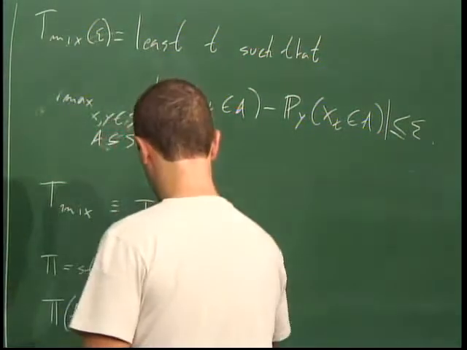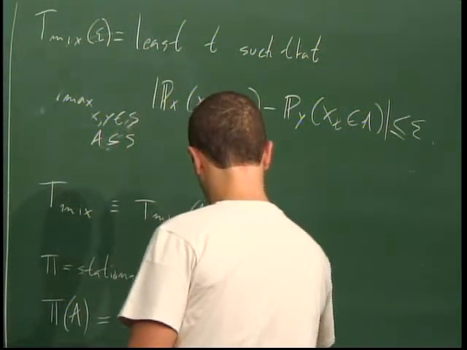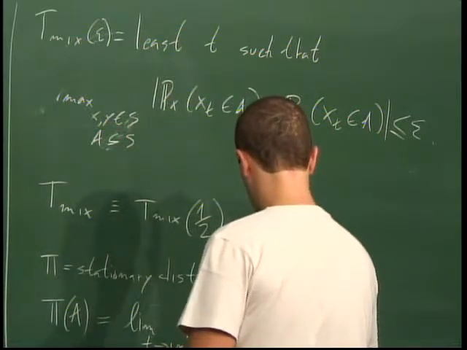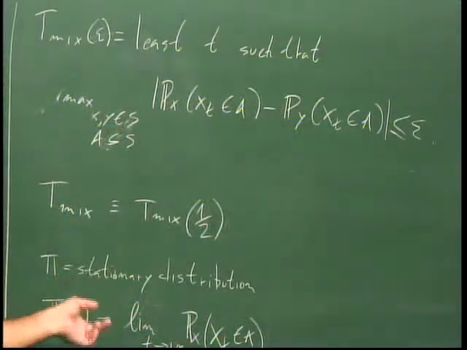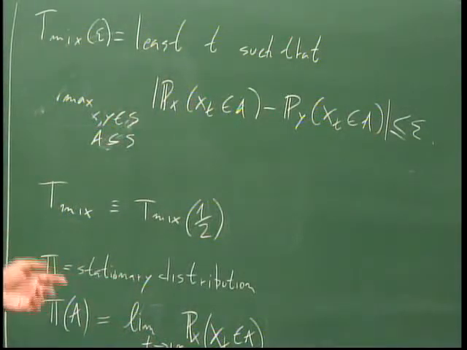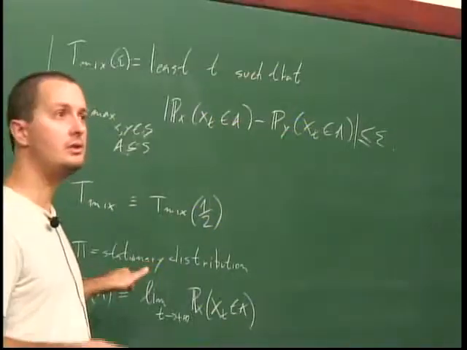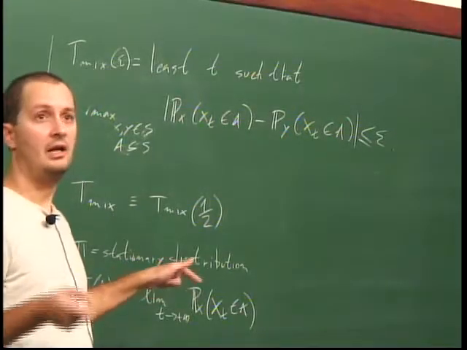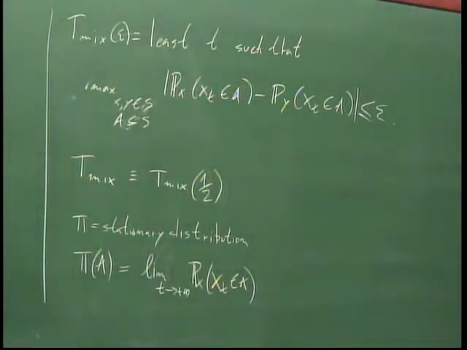It just means that this is the limit as t goes to infinity of p sub x, x_t belonging to A. As we saw, this limit is not going to depend on x. And as it turns out, if you pick your initial x randomly according to this distribution, at any given time you'll still have this distribution, right? I'm sure most of you have seen this before, but if anybody has questions right now, please feel free to ask.